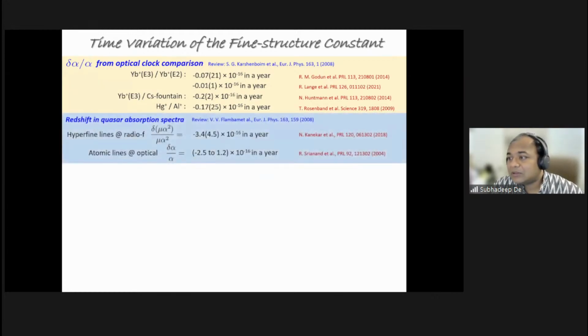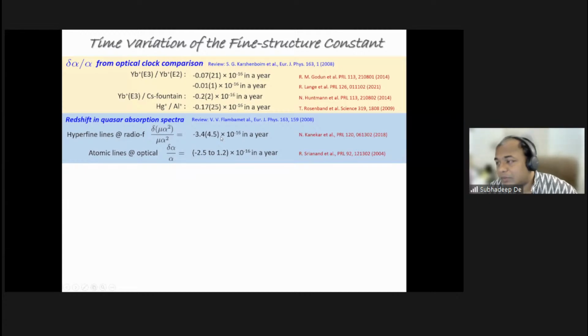Looking into quasar absorption spectra, our own colleague Professor Srianand looked at optical spectra from quasars, and his predicted value was around 10 to the power minus 16 per year. Our neighbor from NCRA, Nissim Kanekar, looked at the radio frequency spectra from quasars, the hyperfine lines.